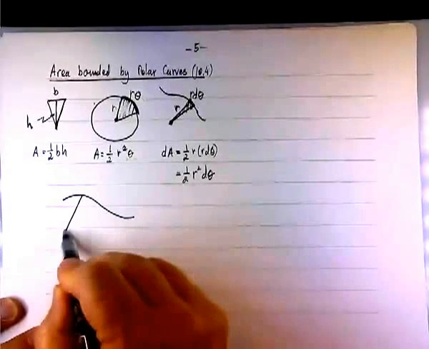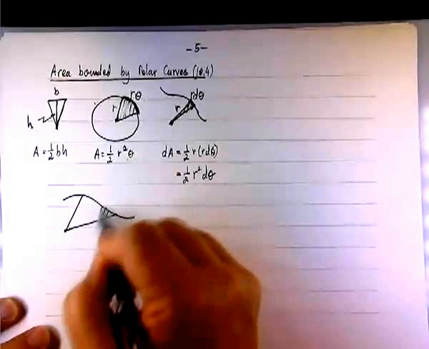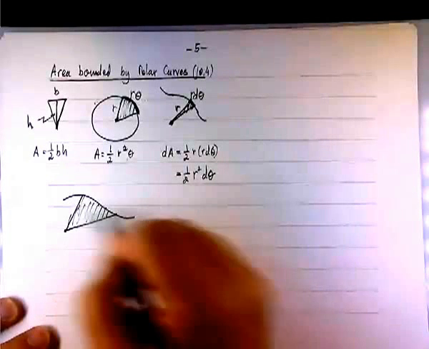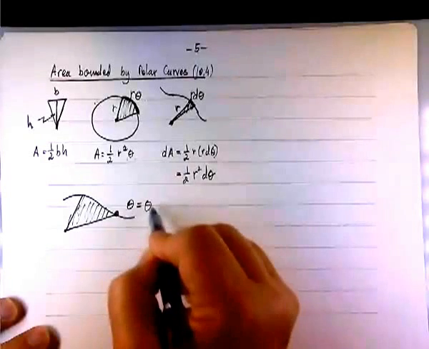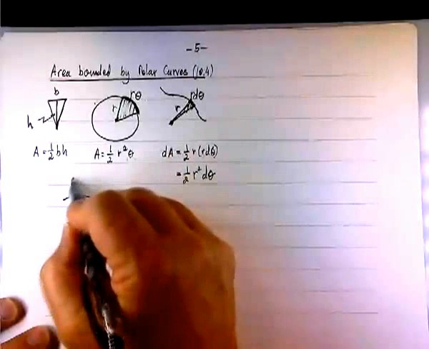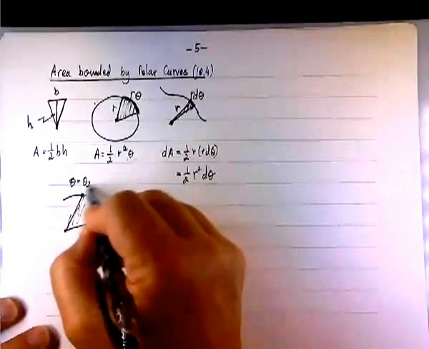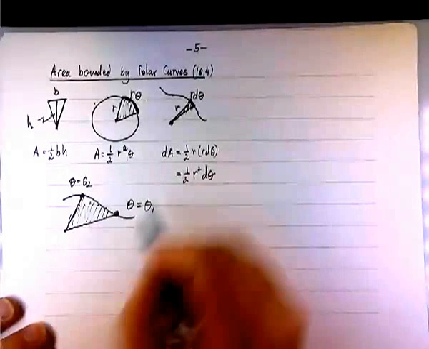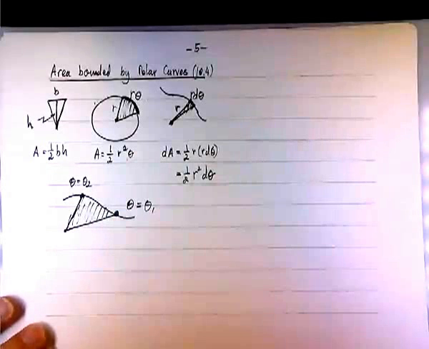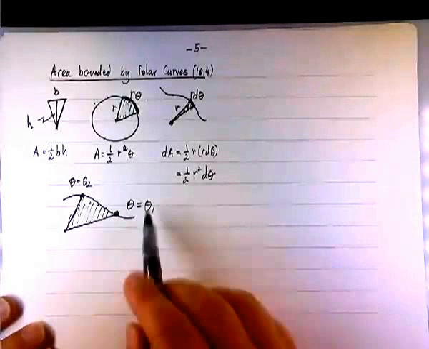And of course, if you have a larger area, so now if you have a curve like so, and you want to know the area captured, and let's say this point is theta equals theta 1, and this point will be theta equals theta 2. Of course, the points will be r of theta 1 and r of theta 2.